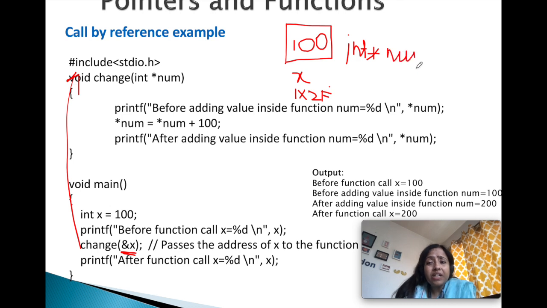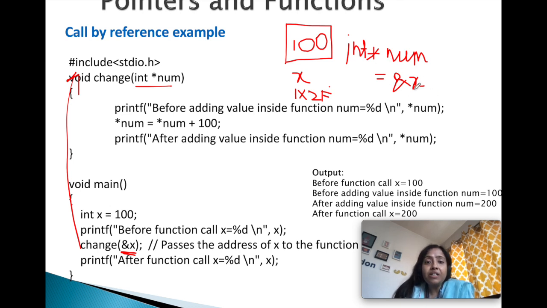As soon as we write int *num, it shows that num is a pointer variable, and we write &x here. I hope it is clear. int *num = &x, because we wrote int *num, and what did we send from here? &x. So int *num = &x.